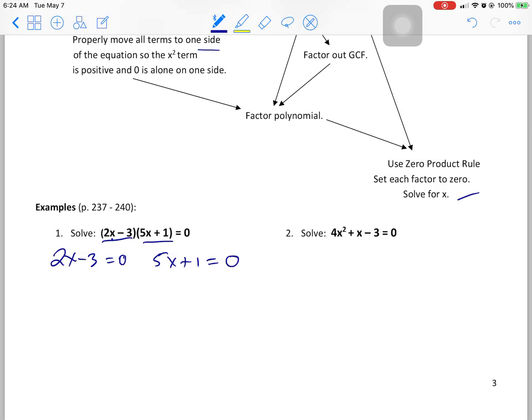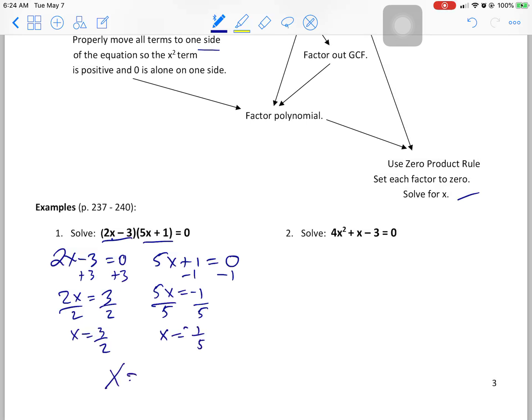We do that by getting all the x's on one side and all the constant terms or numbers on the other side by adding opposites. All right, so in this case, x equals 3/2 or negative 1/5.